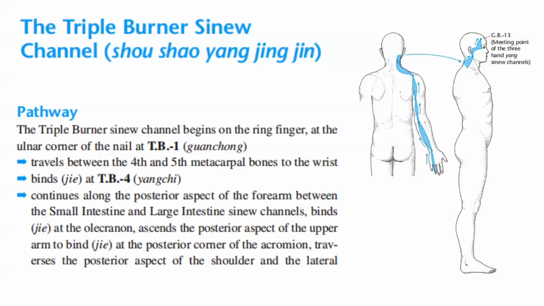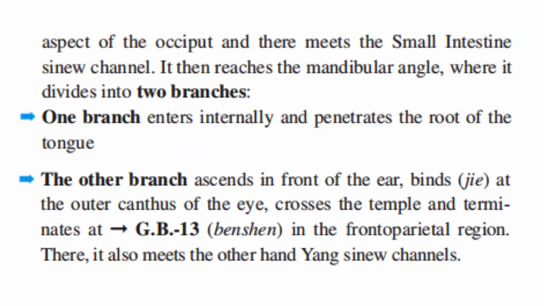The triple burner sinew channel begins on the ring finger at the ulnar corner of the nail at TB1, travels between the 4th and 5th metacarpal bones to the wrist, binds at TB4, continues along the posterior aspect of the forearm between the small intestine and large intestine sinew channels, binds at the olecranon, ascends the posterior aspect of the upper arm to bind at the posterior corner of the acromion, traverses the posterior aspect of the shoulder and the lateral aspect of the occiput, and there meets the small intestine sinew channel.